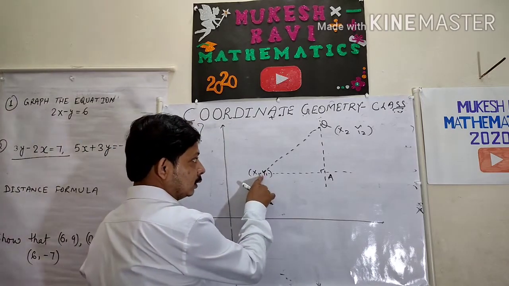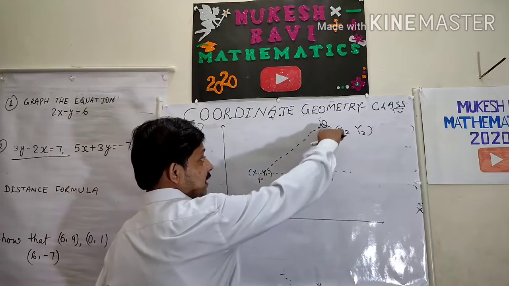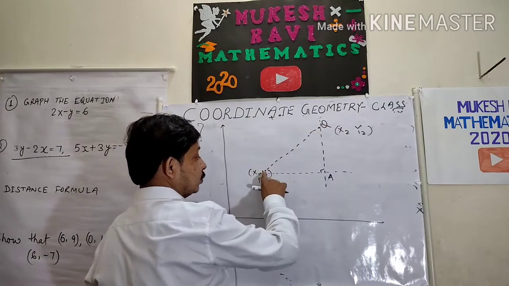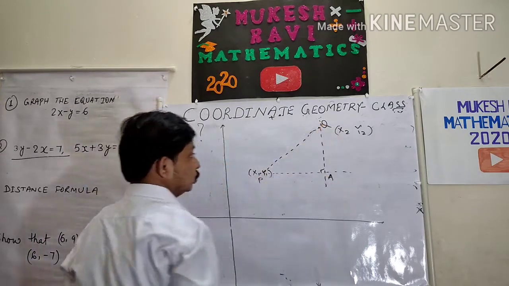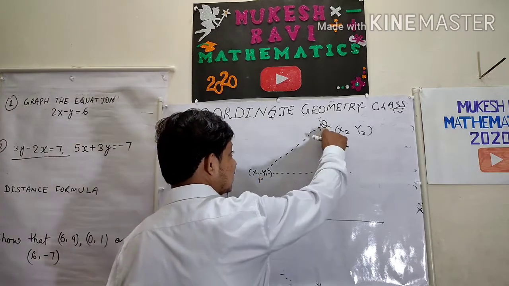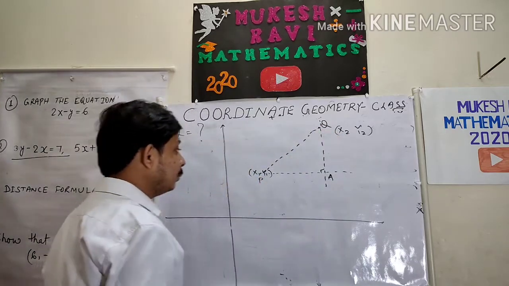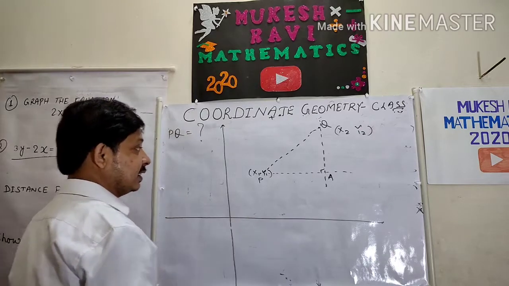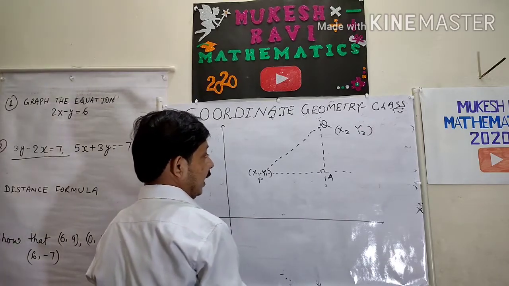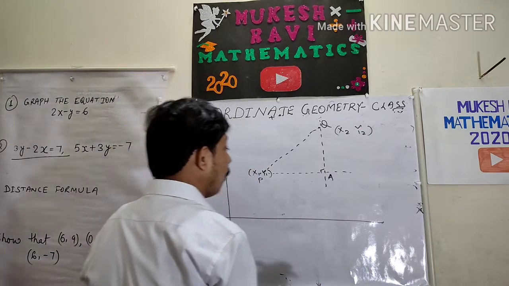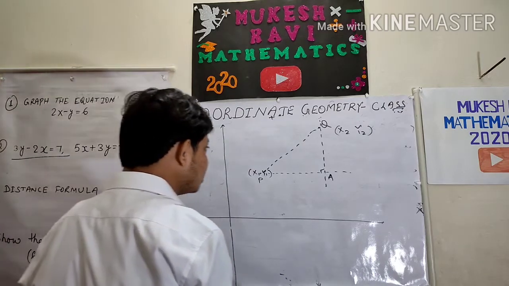PQ equal to what? Very simple. This is x1 and this is x2, this is y1, this is y2. So we have to take some distance here.